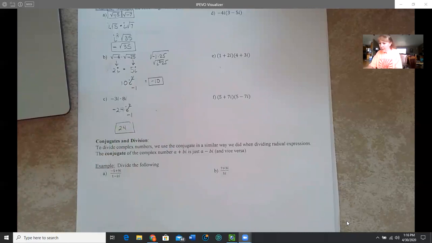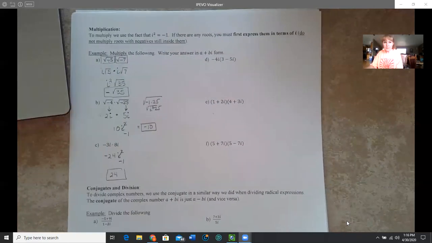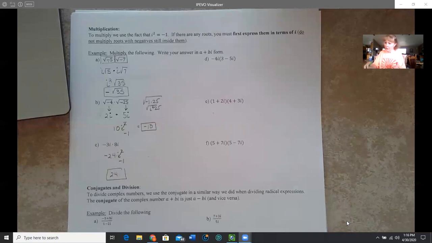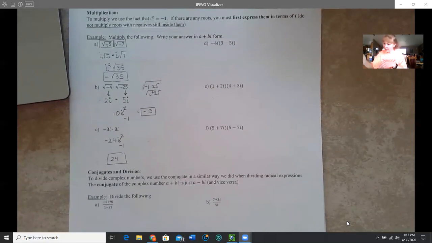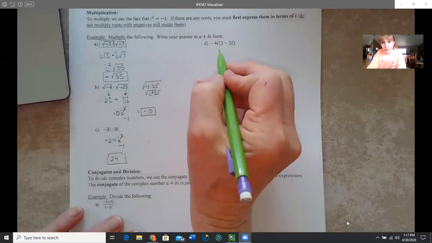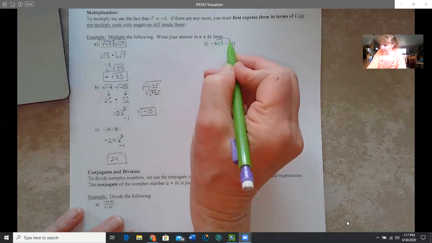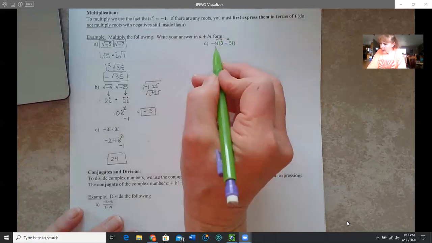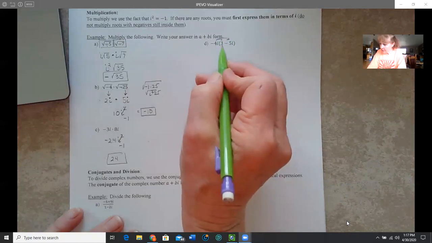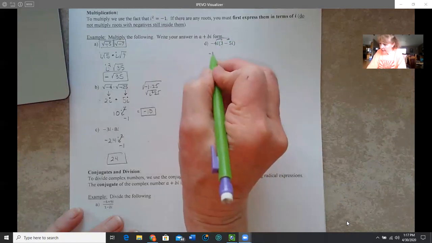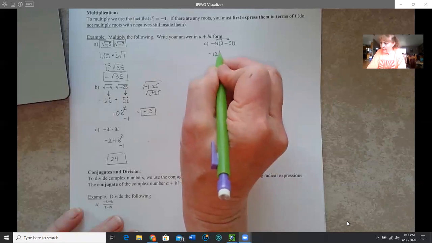All righty, let's see what we can do with the next one. Here, again, multiplying this through, simplifying it, we'll use the distributive property. We're going to take this times here and this times this right here. So negative 4i times 3 is a negative 12i.